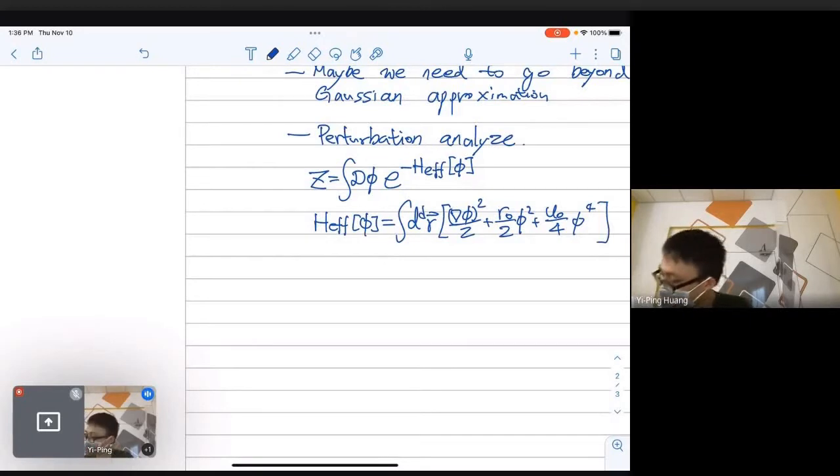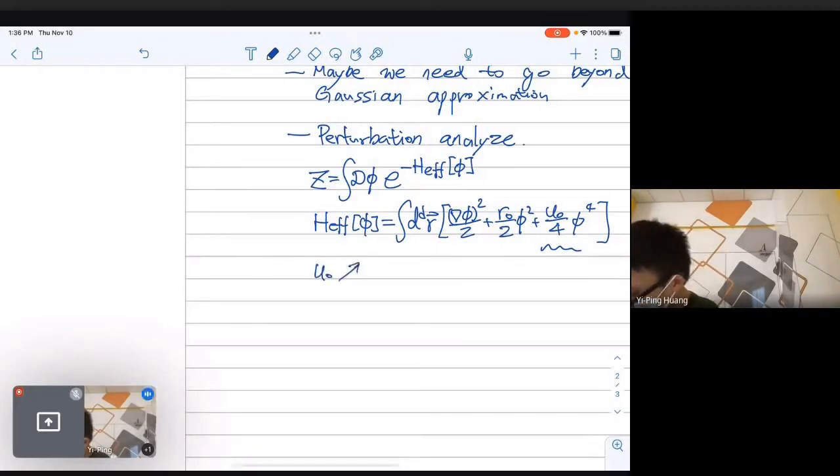And the argument is that maybe we can consider this quartic term to be a small object, such that we can develop our perturbation theory in terms of powers of this u naught. But the unfortunate thing is that this u naught actually diverges when the reduced temperature goes to 0.